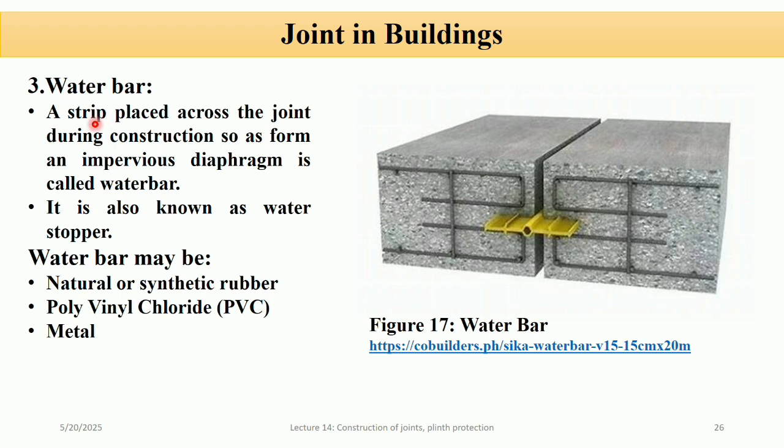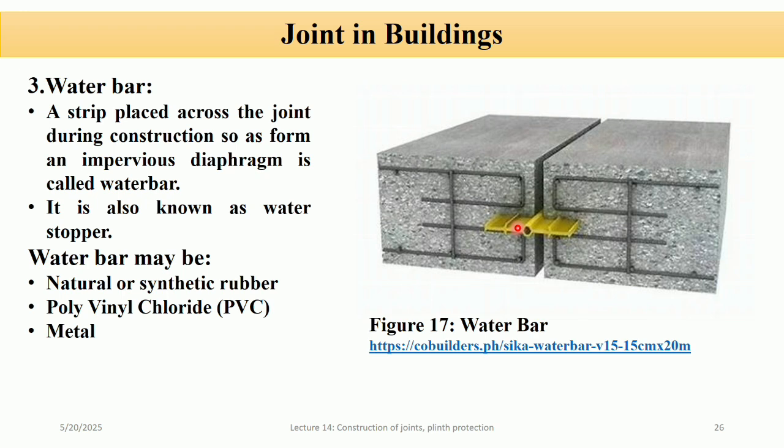Water bar. A strip placed across the joints during construction so as to form an impervious diaphragm is called a water bar. You can see here this is a water bar which is provided in a joint. It is also known as a water stopper, and it may be a natural or a synthetic rubber made from a flexible rubber material which provides excellent elasticity and water tightness.